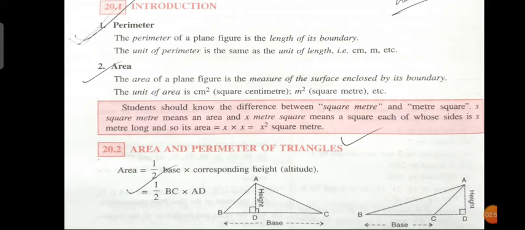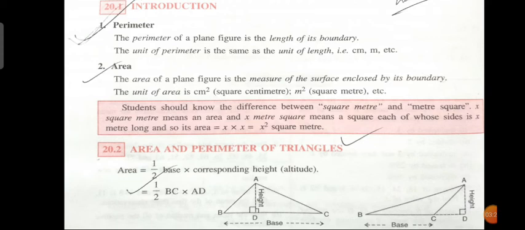First is the area and perimeter of triangles. The first equation is area equals half into base into corresponding height or altitude.